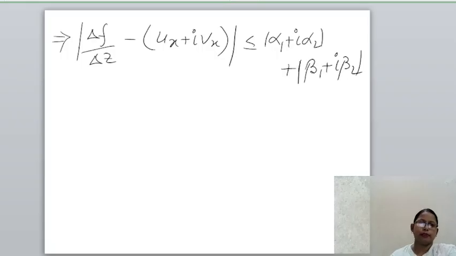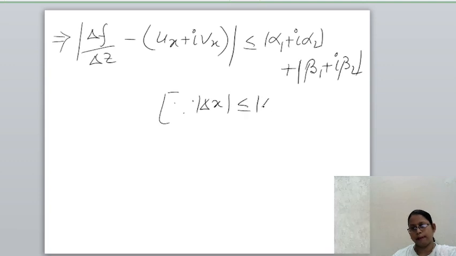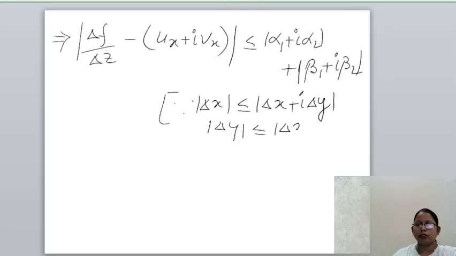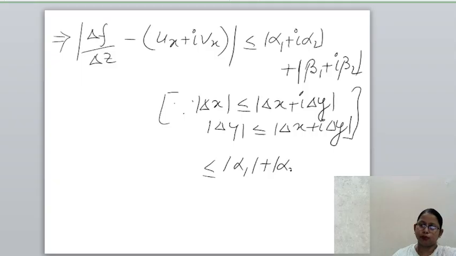Here you should write, since |Δx| is always less than, the reason I have explained to you, this one, and |Δy| is less than or equal to |Δx + iΔy|. Next, this is further less than or equal to α1 + α2.